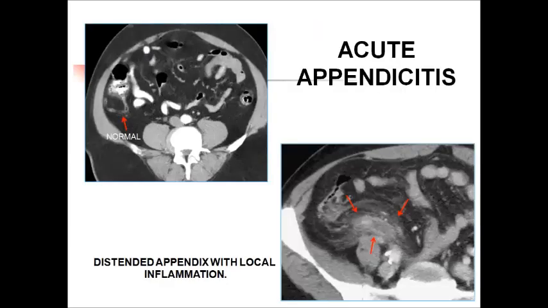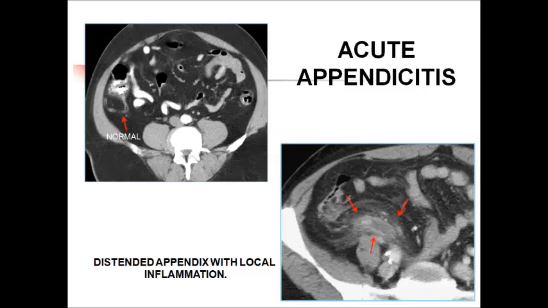Acute appendicitis. Do you remember that we have said about possibilities of ultrasound in detection of acute appendicitis, and we said that ultrasound alone may not be enough, and diagnosis should be confirmed by CT scanning.